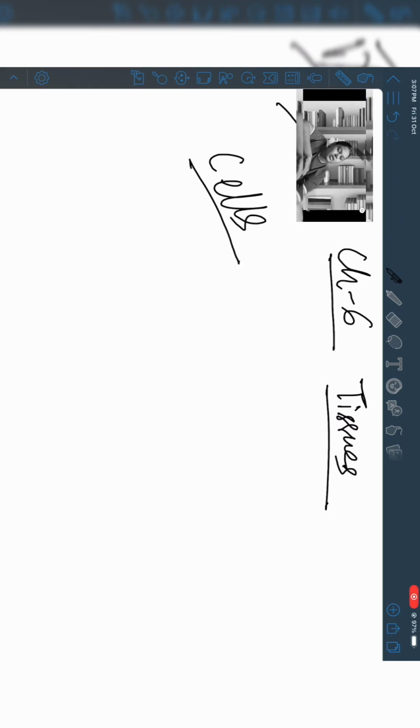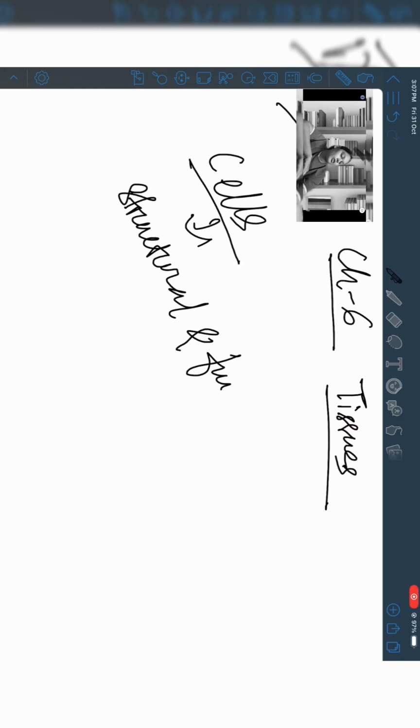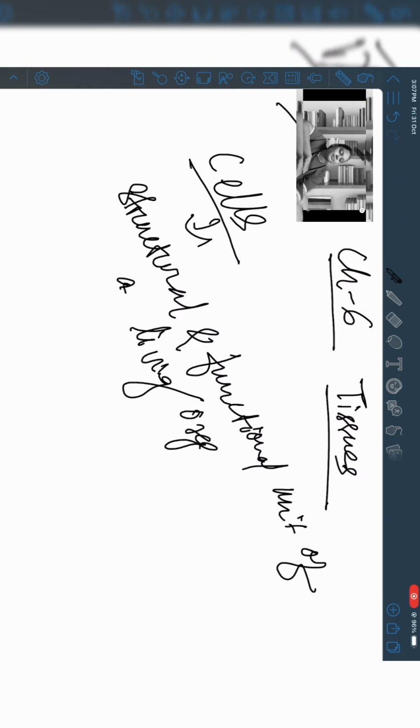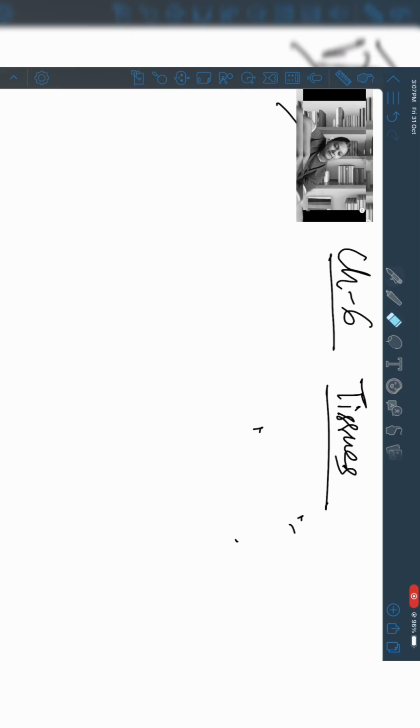So just to be clear, cells are the structural and functional unit of a living organism. We know this very clearly. And why is it called so? Because cell is the smallest unit of life. And as we know, what is the organization of a cell? Suppose this is a cell.